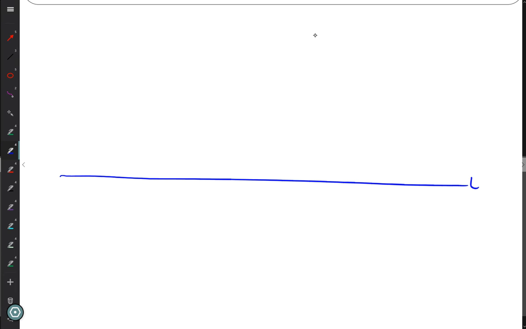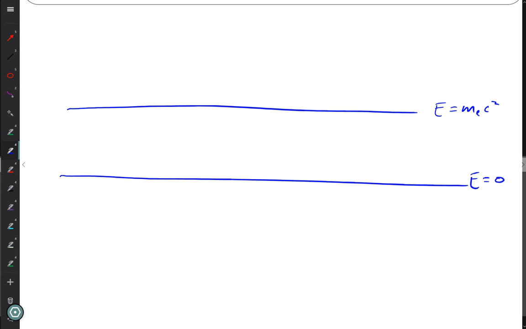So here's what Dirac noticed. Here's energy equals 0. Here's energy equals mass of electron times c squared. And he said, we have electrons that occur with energies starting at mass of electron c squared and going up. So we have lots of electrons here.